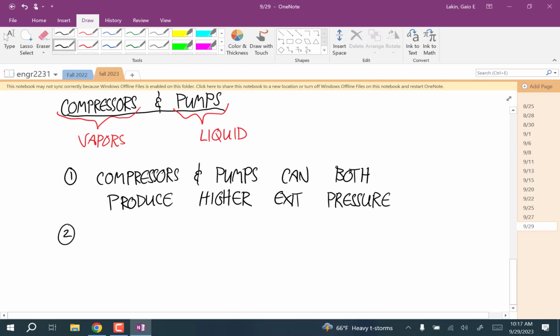And then pumps can do another thing that you don't see done with compressors. Pumps can also move liquids to a greater height.